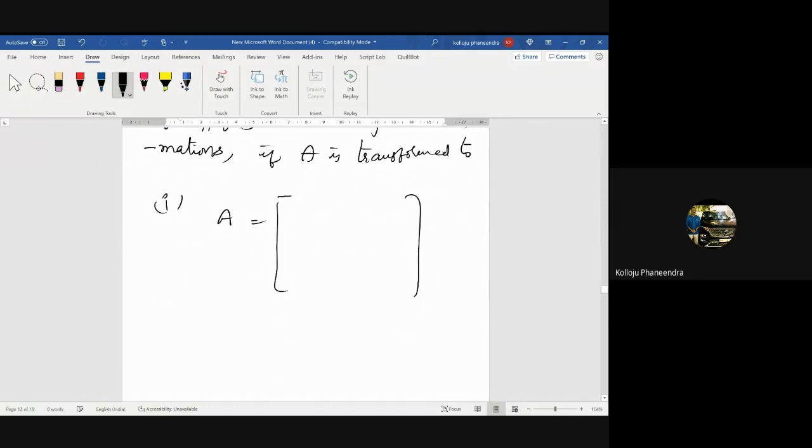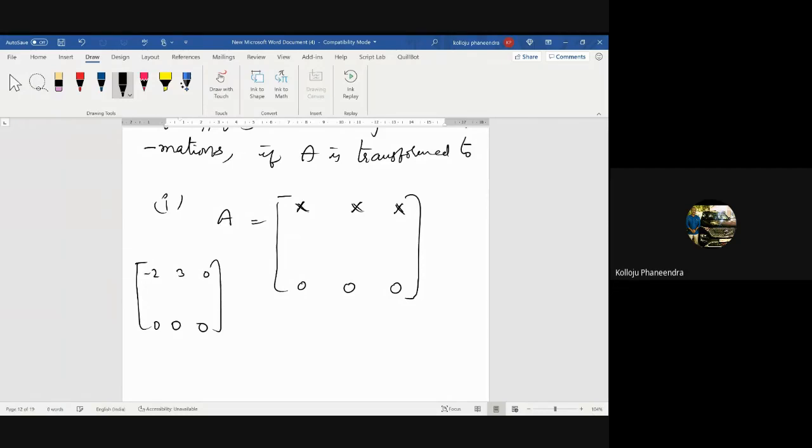What is the zero row? If there is a zero row, that must be at the bottom of the matrix. There is a zero row at the bottom. And in the first row, assume there is no zero element, something like -2, 3, 0, and the last row 0, 0, 0.